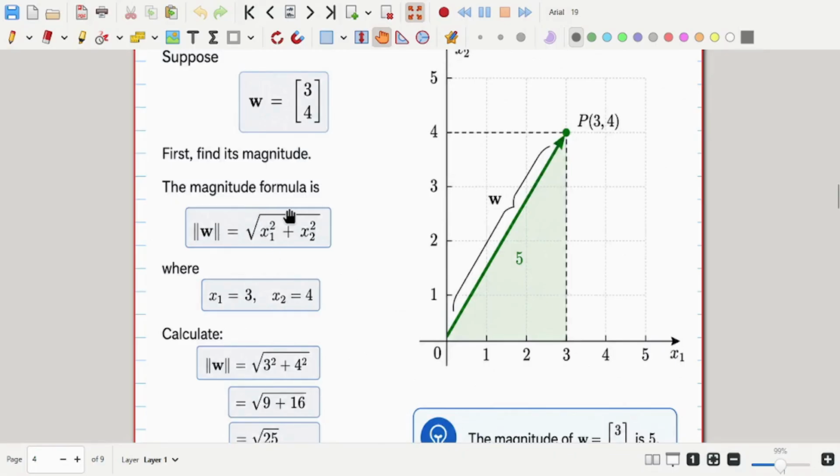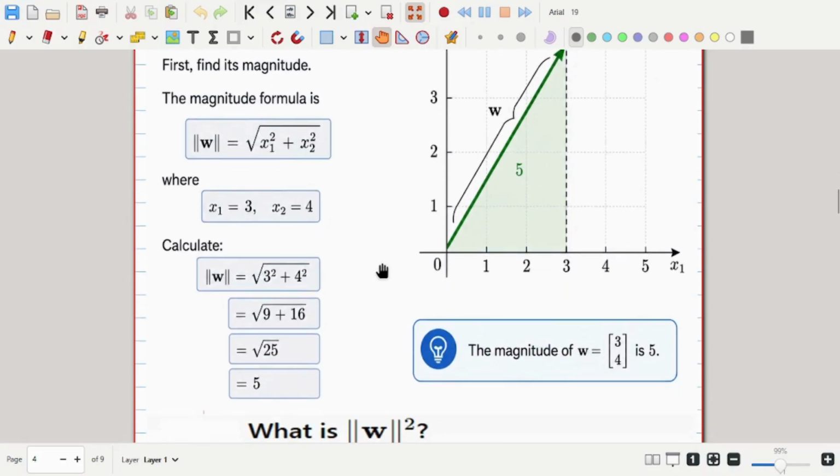So the magnitude formula is norm of vector W is equal to square root of x1 square plus x2 square. x1 means 3 and x2 means 4. So norm of vector W is equal to square root of 3 square plus 4 square. 3 square means 9 and 4 square means 16.